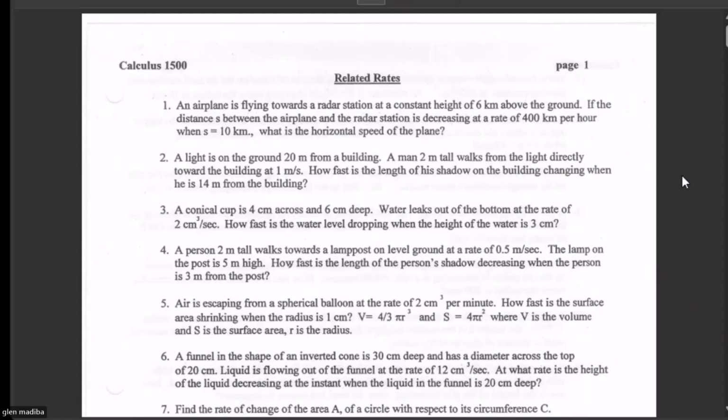In this case, that's all I've identified. In terms of how we would calculate the horizontal speed, I'm not sure how we do that.